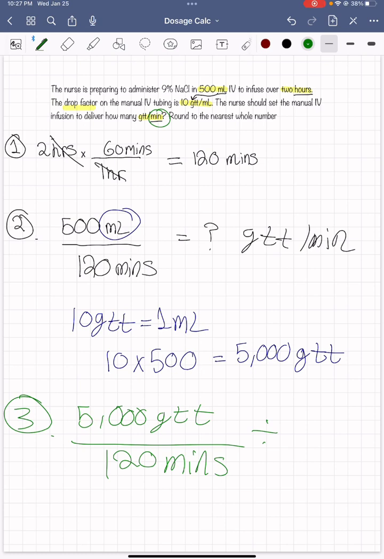This gives me 5,000 over 120, which gives me approximately 41.6. The question asked, round to the nearest whole number. So remember, 0 through 4, hit the floor, 5 through 9, climb the vine. This is going to give me approximately 42 drops per minute.